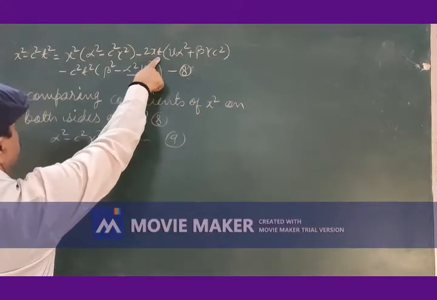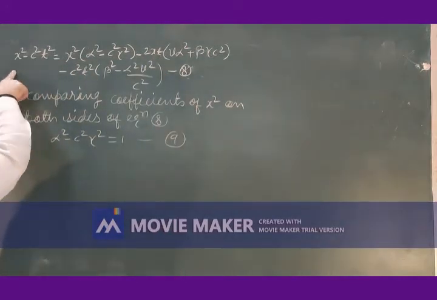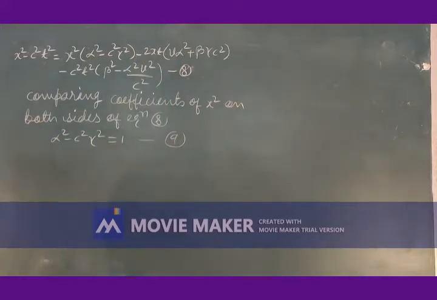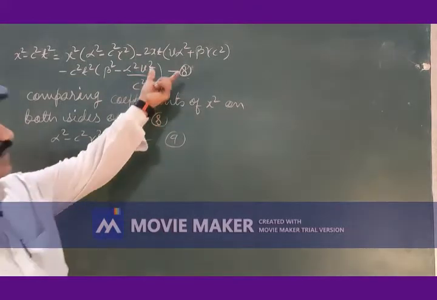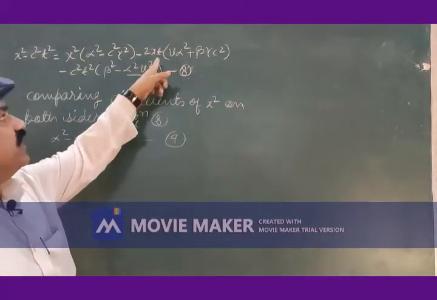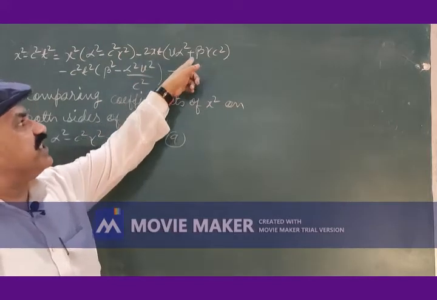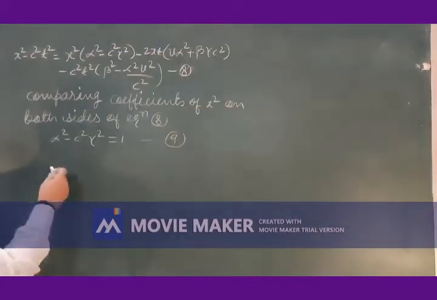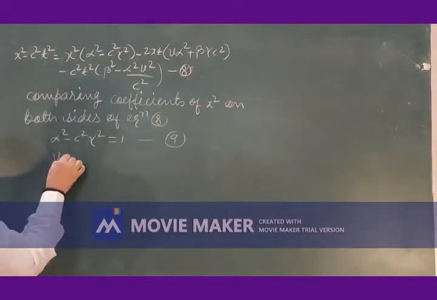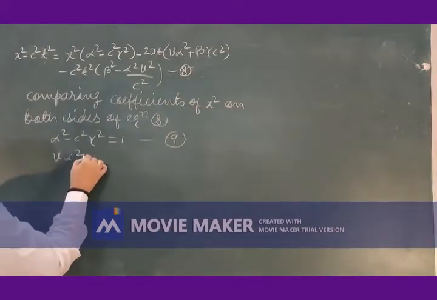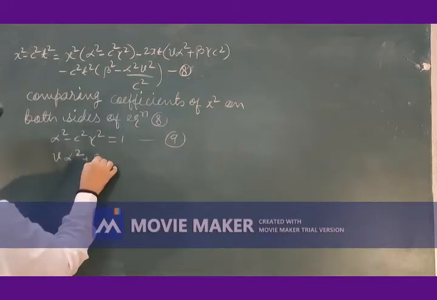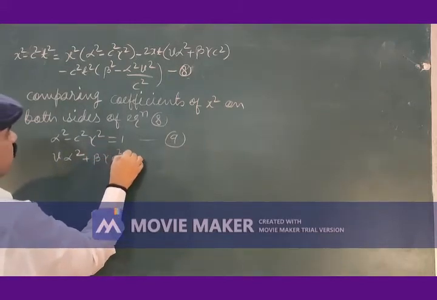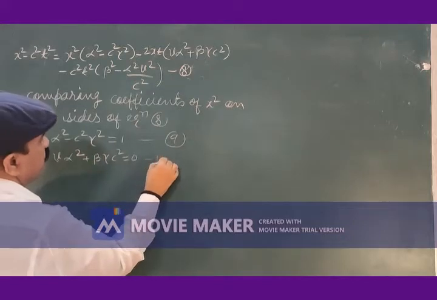Then minus 2xt. There is no xt term on the LHS, so if we compare the coefficient of minus 2xt on both sides, the coefficient of this minus 2xt should be 0. It means that this bracket should be 0, and therefore let me put this: v alpha square plus beta gamma c square is equal to 0.